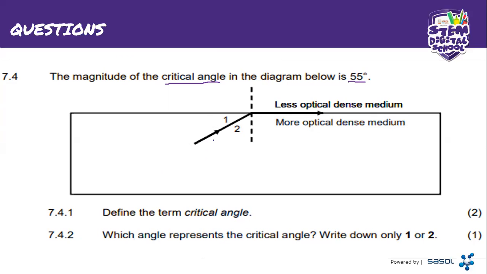In this diagram, what I can see is I have a light ray, and this light ray is moving from a more optically dense medium to a less optically dense medium. So this is the first thing that I see there.